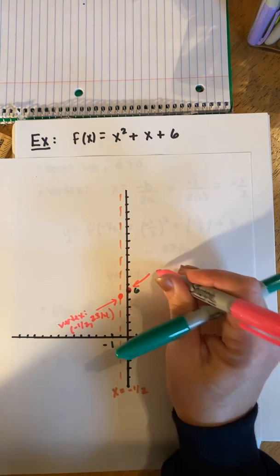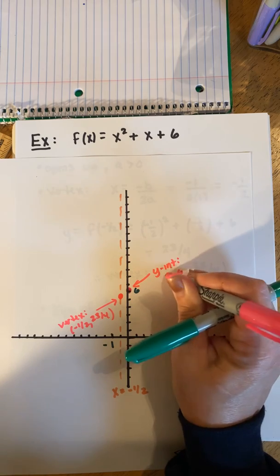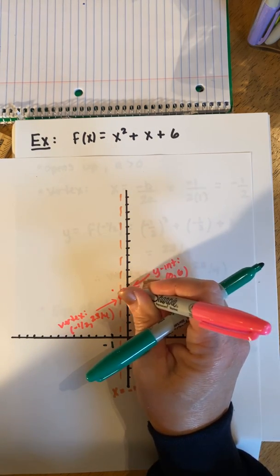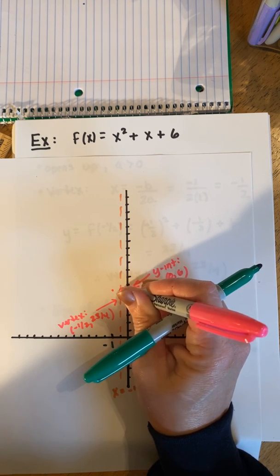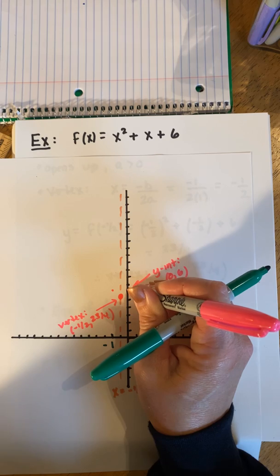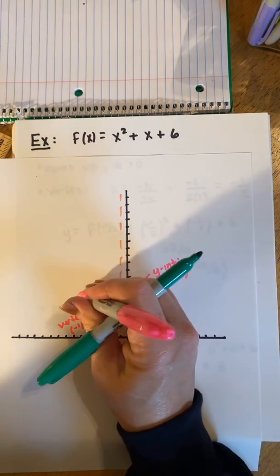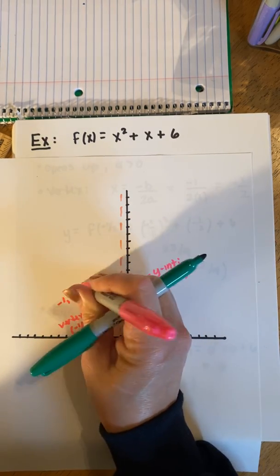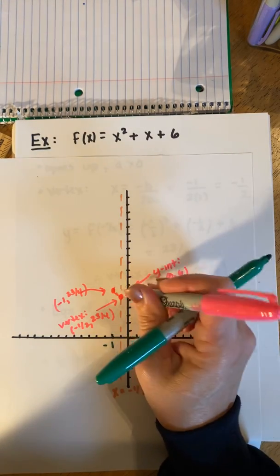Here's my y-intercept, 0, 6. And the distance from the axis of symmetry to the y-axis is 1/2. So if I go 1/2 to the left, I get this guy's buddy point, which I know is -1, 23/4. Just an extra point. And now notice, we know that this guy opens up.